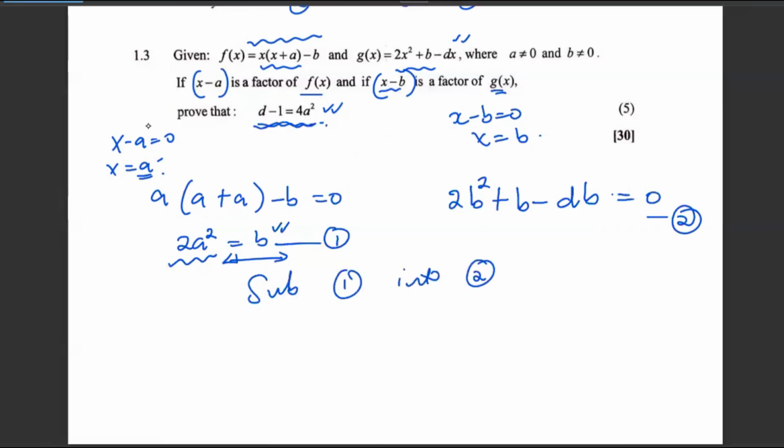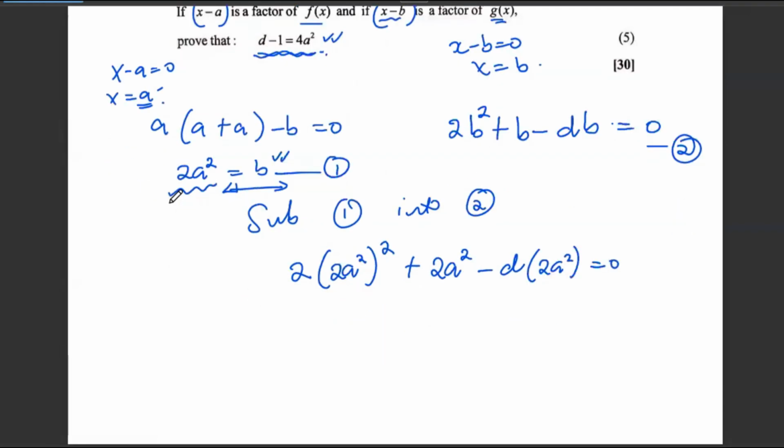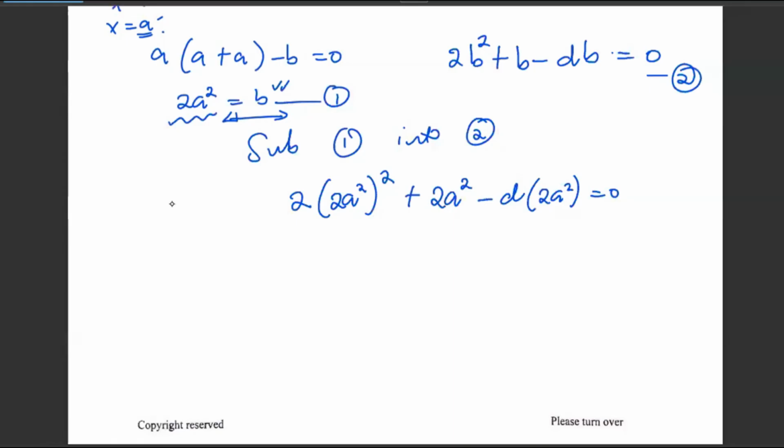So we shall have 2 into 2a squared, but squared, plus 2a squared minus a d into 2a squared is equal to 0. Okay, let's see. What is this going to give us?